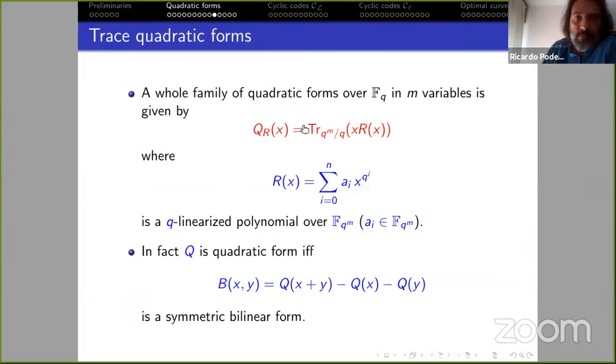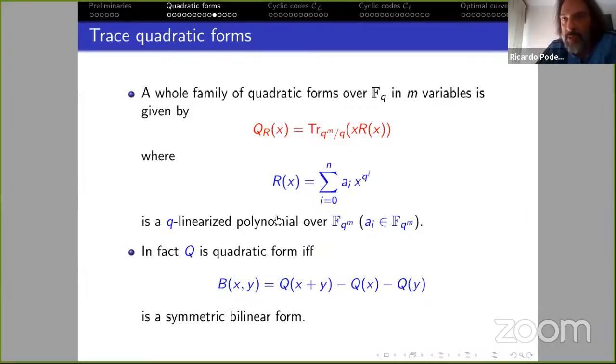Well, considering this is the kind of quadratic forms we are interested in. Take R, a q-linearized polynomial, and consider the trace of x R(x). This is a quadratic form.